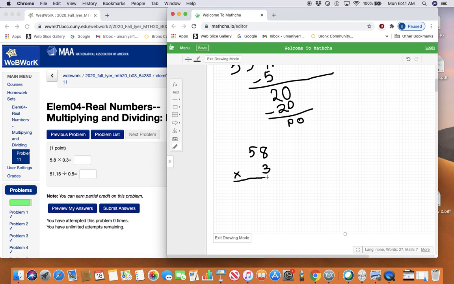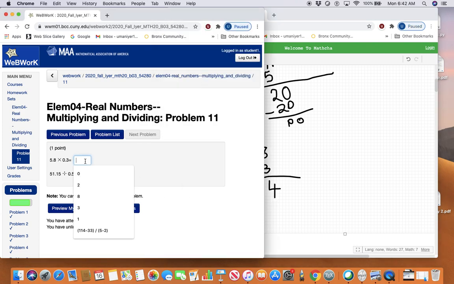Okay, multiply without the decimal point. 3 times 8 is 24. 3 times 5 is 15 plus 2, 17. Okay, we finished multiplication. Now remember the decimal points. There was a decimal point here and there was a decimal point here, which means there are 2 decimal places, 1 and 2. So that's 1.74. So there should be 2 digits after decimal points.